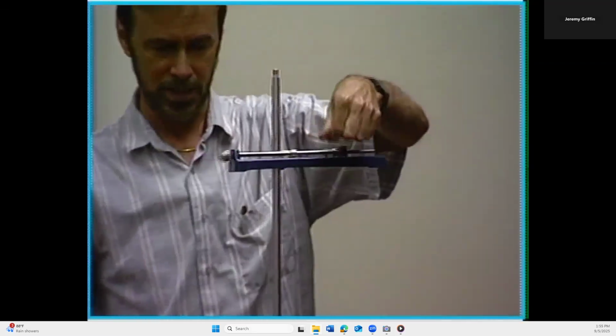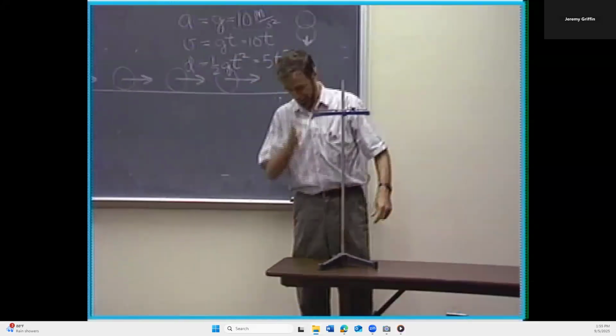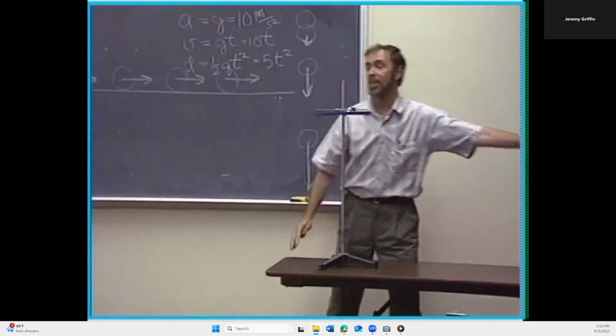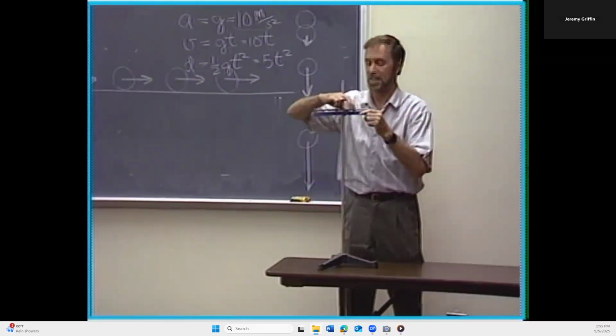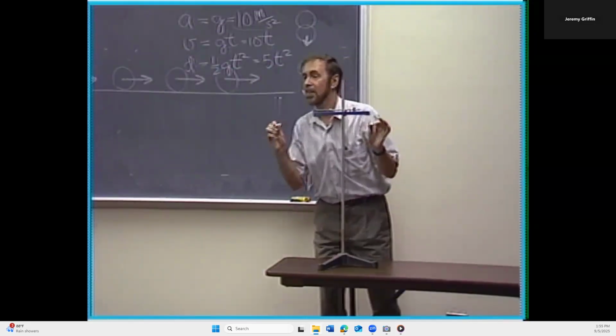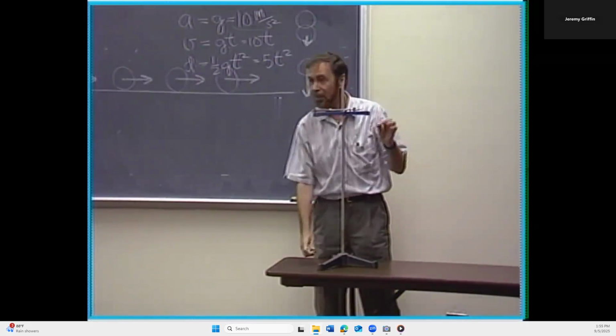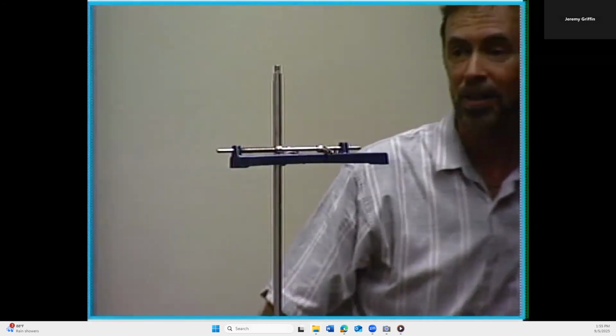And when I go like this, it falls essentially straight down. A little bit out, okay? But kind of downish. This one goes outish. Now I'm going to do them both at the same time. When I do them both at the same time, you guys got to figure out, hey, which one is going to hit the ground first? The one that just dropped down or the one that just goes out?